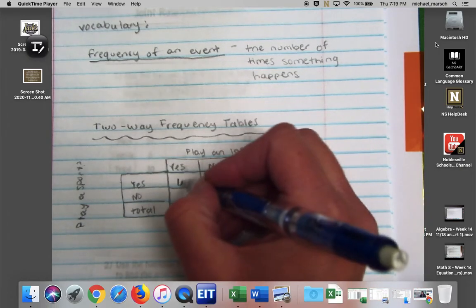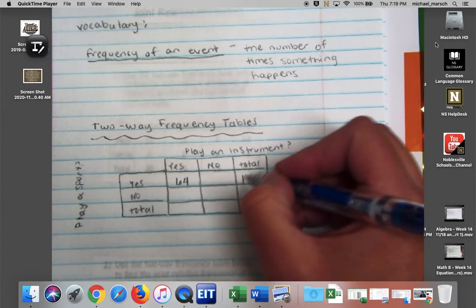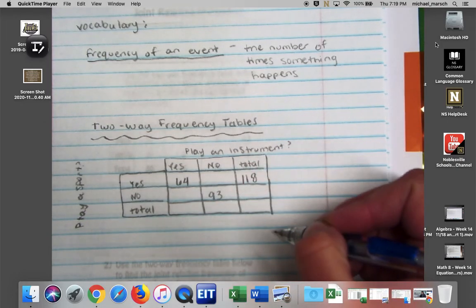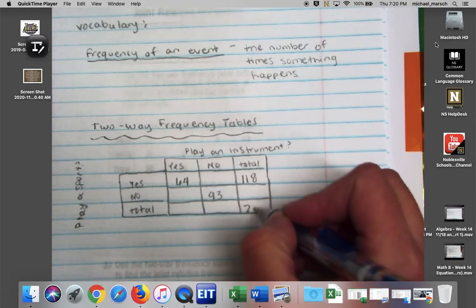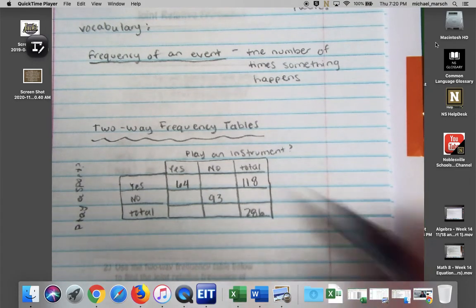So maybe we would have 64 people said yes here, 118, 93, 286. One of the things that you have to be able to do is fill in the blanks.